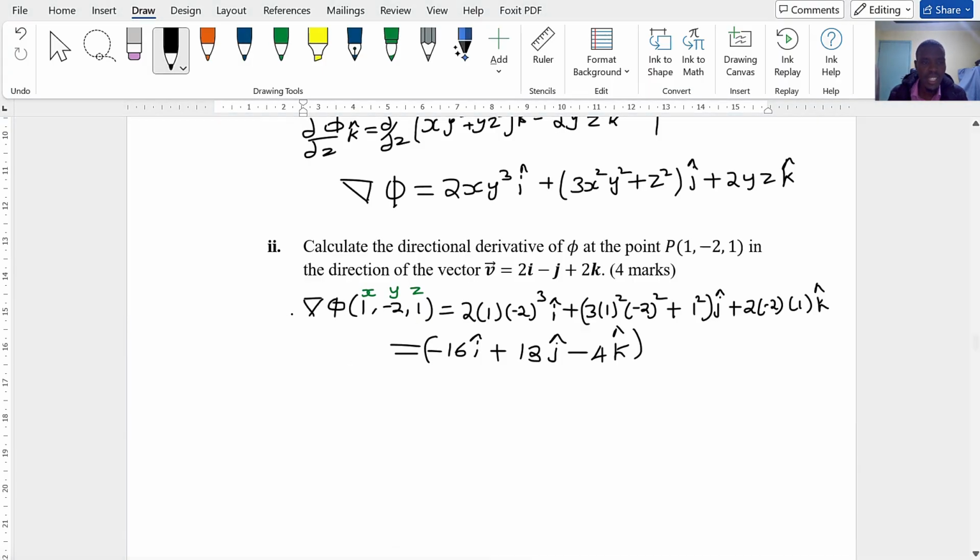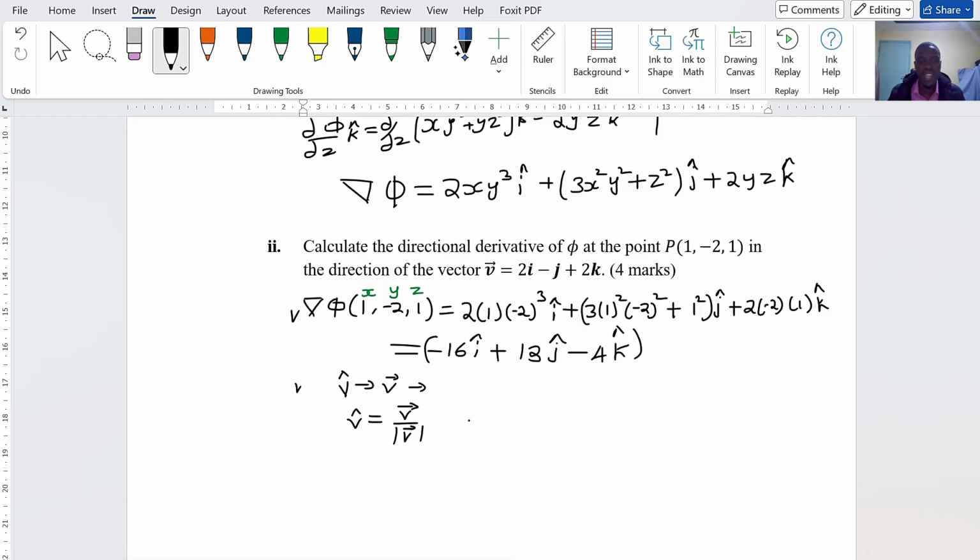Now next, let's calculate the unit vector in the direction of vector v. By definition, the unit vector is simply the vector v divided by its magnitude. That is the definition of a unit vector.